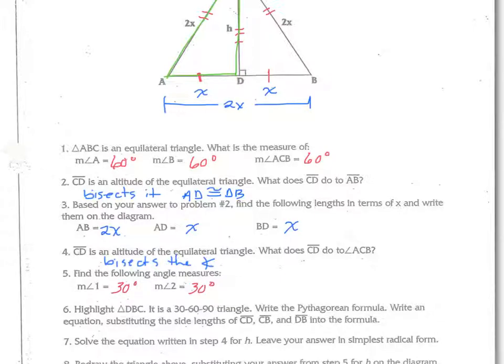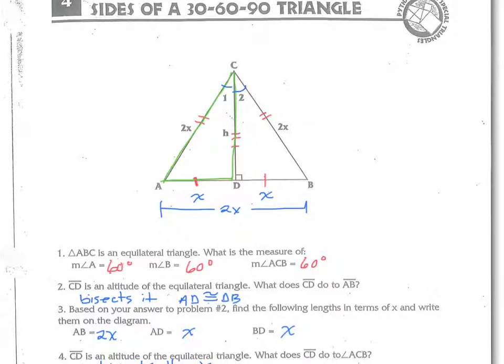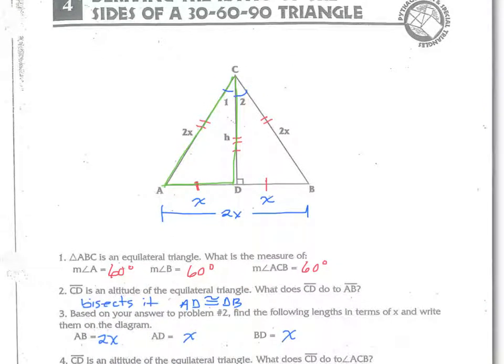So let's put that in the picture. Angle 1 is 30 degrees, and angle A, we said already, was 60 degrees. So there's our 30, 60, 90 triangle, because this is also a right angle there.